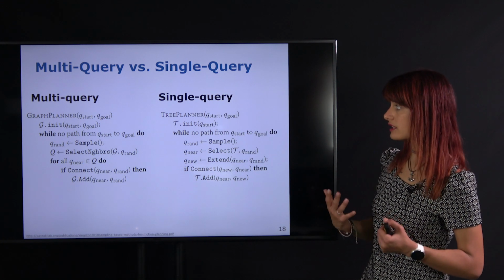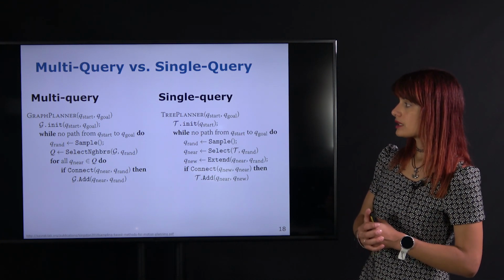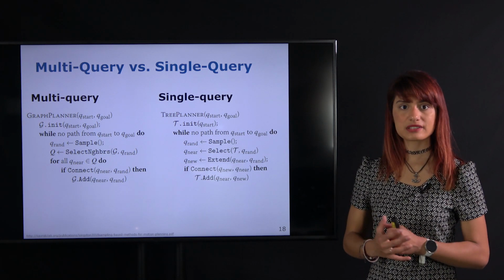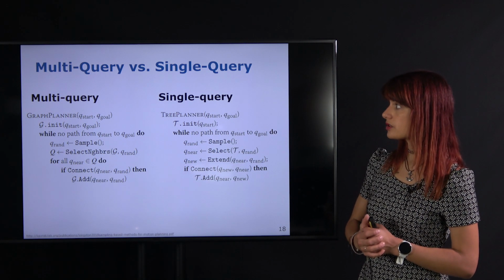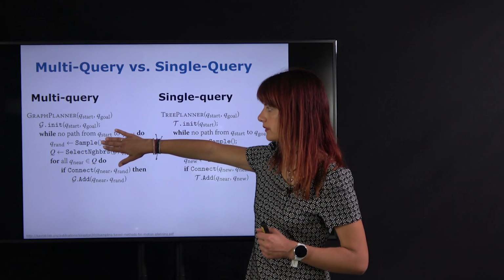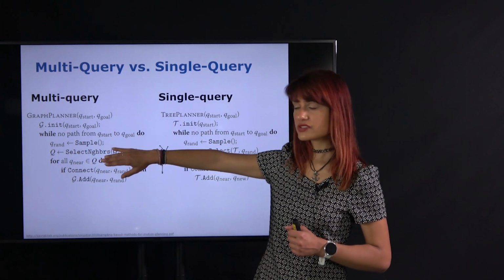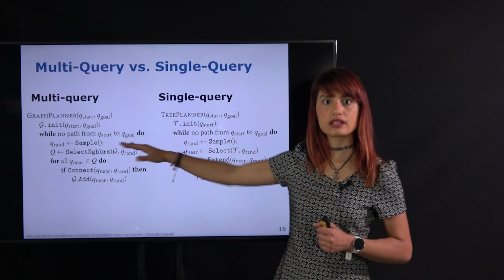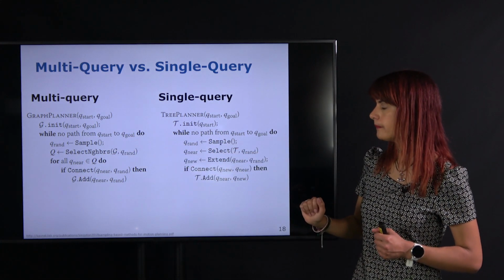So when we look at the pseudocode, one important thing to notice is how these steps that we discussed already appear in both of the planners. Remember we asked how to sample, and here we see sampling happening in both the multi-query and single query planners.